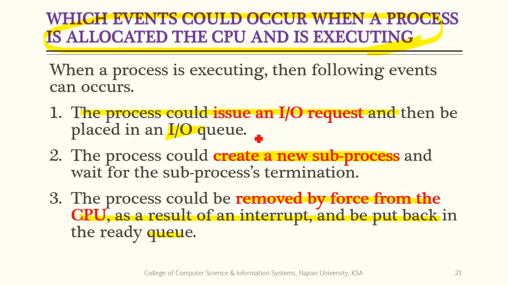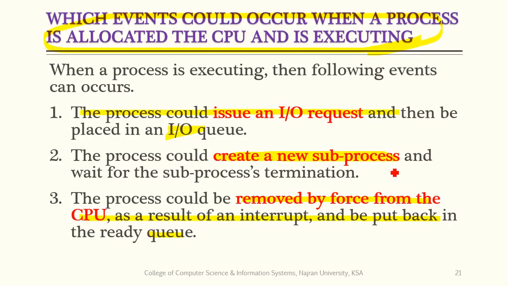Or the second possibility is that it creates a child process or sub-process and waits for sub-process termination. These sub-processes may be one process, two processes, or more, because he can create many processes. So he will wait, and when their execution finishes, then he will execute himself.